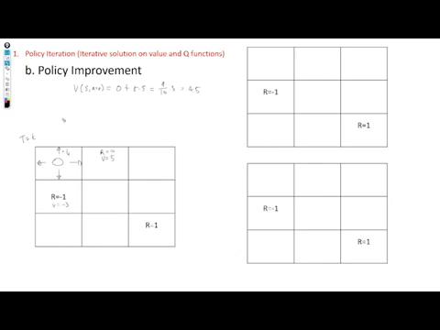And then if we move up or left, it's just going to be 0.